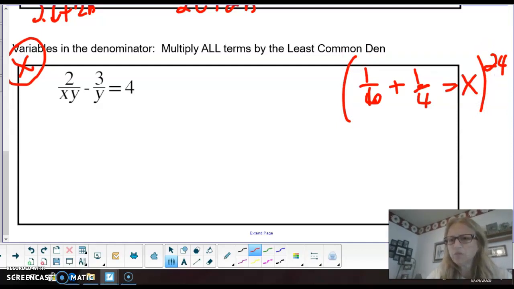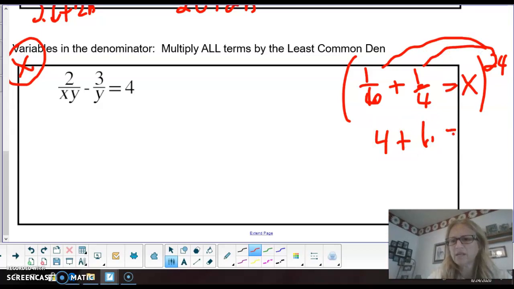So we distribute it. 1/6 of 24 is 4 plus 1/4 of 24 is 6 equals 24x. So it gets rid of those fractions.